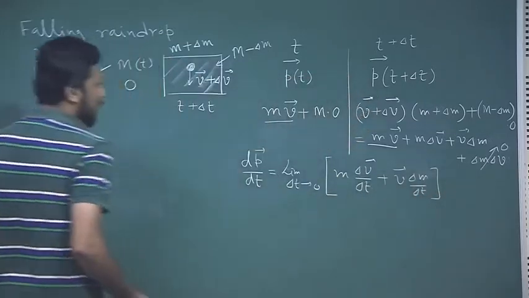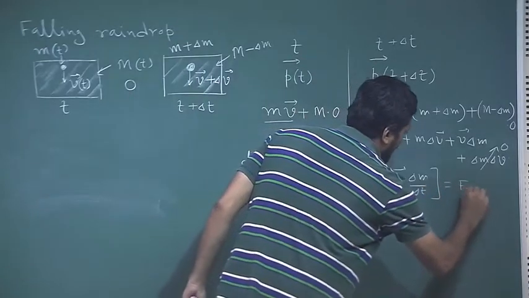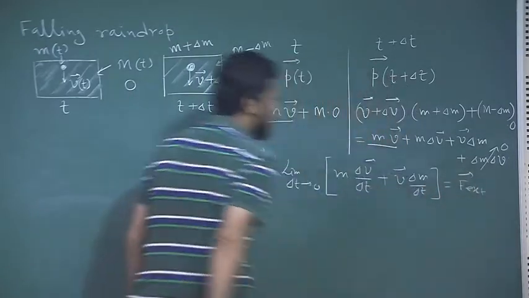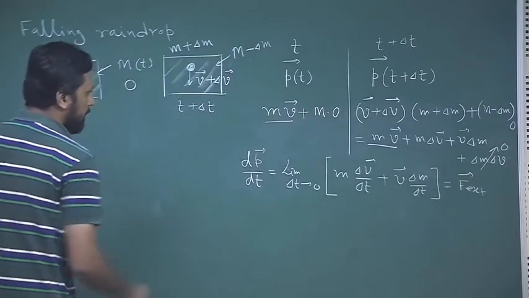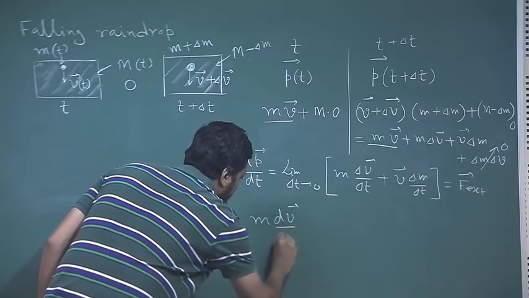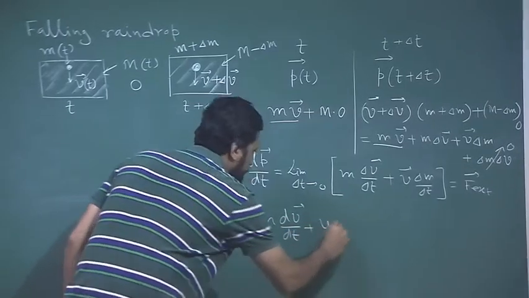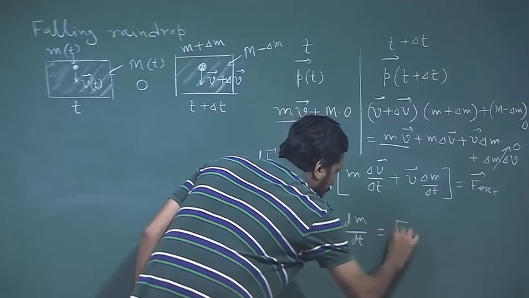Please remember this is equal to f external according to Newton's second law. So, the final equation we get is m dv dt plus v dm dt equal to f external.